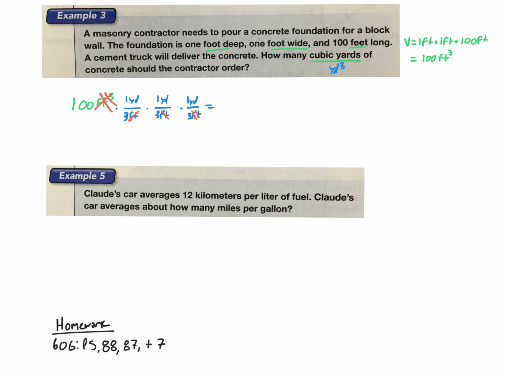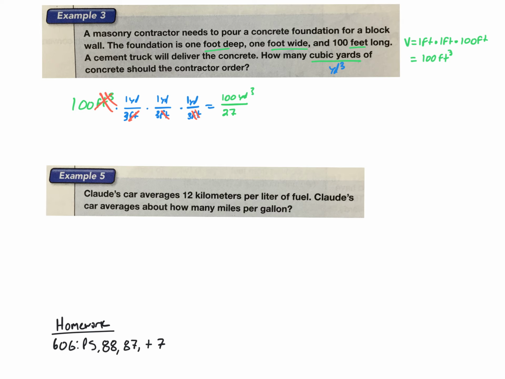So I'm going to end up with 100 yards cubed on the top, because it's 100 times 1 times 1 times 1. And on the denominator, it's going to be 3 times 3 times 3, which is 27.